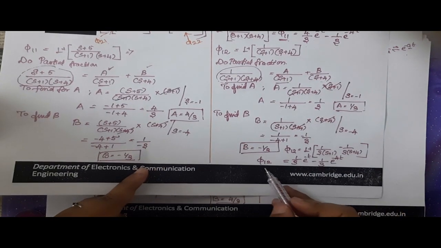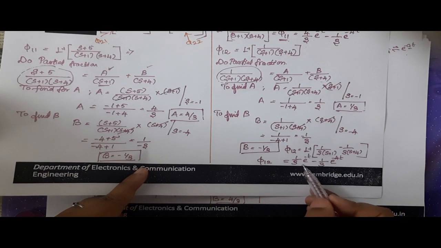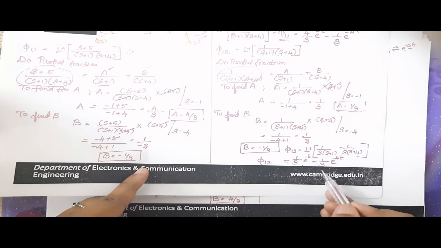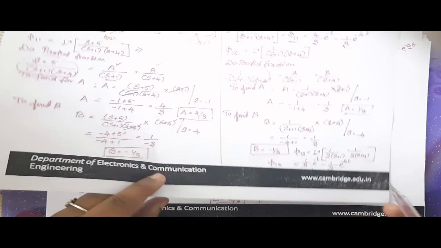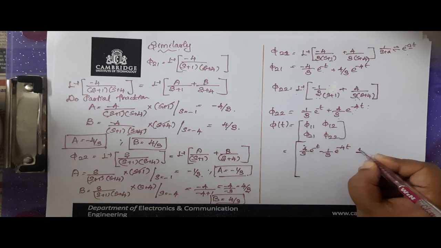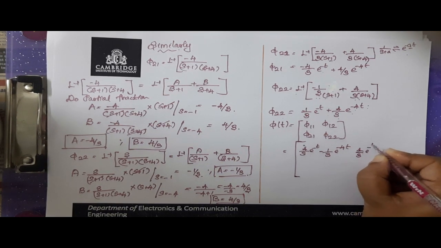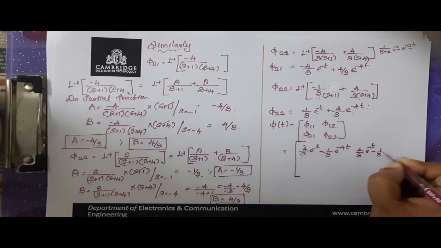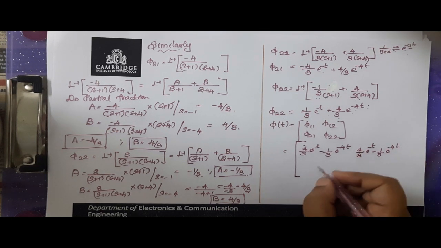And we have obtained phi 1, 2 as 1 by 3 into e to the power minus t minus 1 by 3 into e to the power minus 4t.